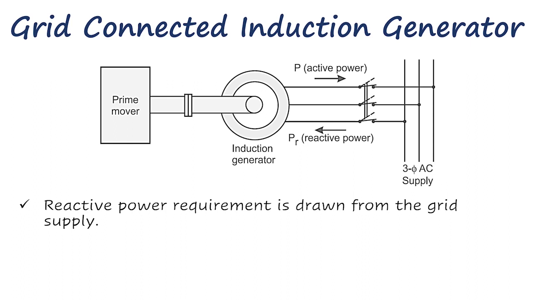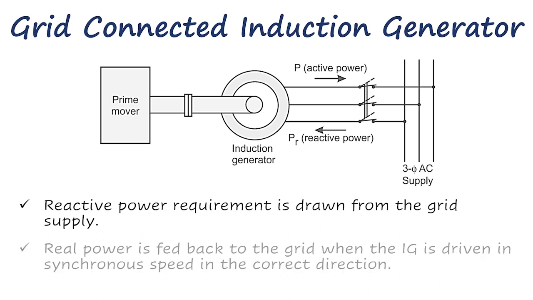As we have seen in the per phase equivalent circuit earlier, the element R2' (1 minus S) over S becomes negative. So, it can be concluded that the machine receives mechanical energy and converts it to electrical energy. The generated power is fed to the supply system. Hope you had a good understanding of the working principle of the induction generator.